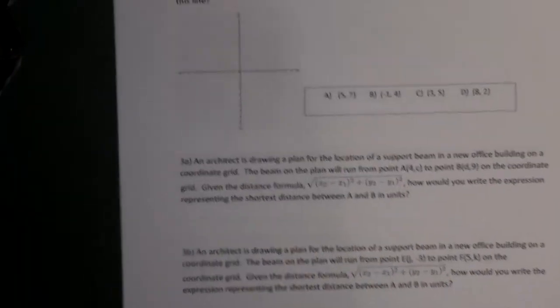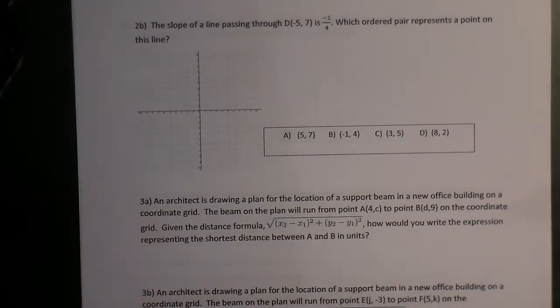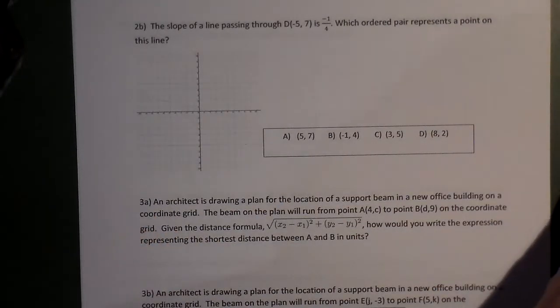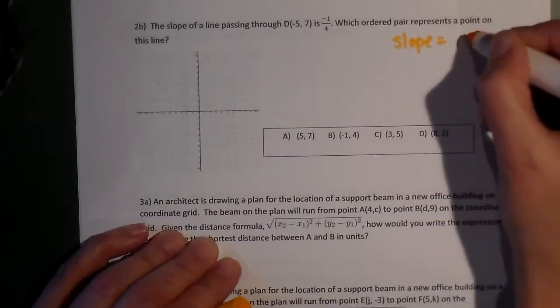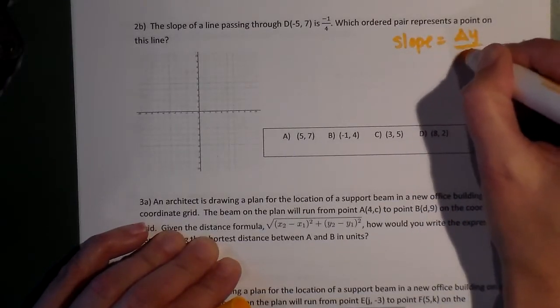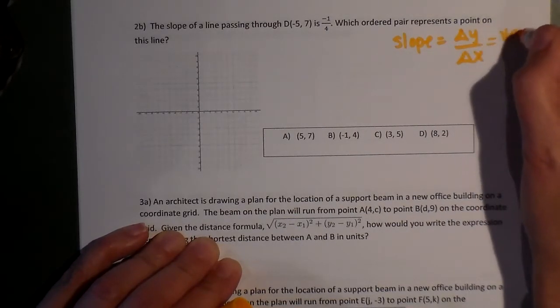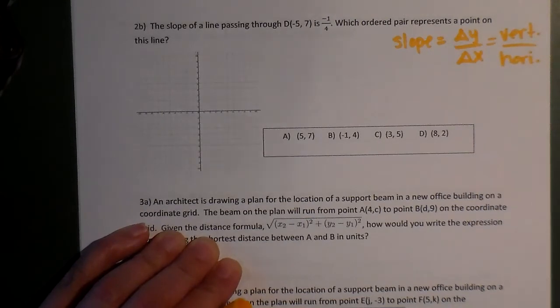So let's do the second example of this one. All right, so I'm going to give you another example. In this particular example, the slope, again, let's rewrite that. Remember, the slope is equal to the change in y over the change in x. That's what that little triangle means, which means the vertical up and down change over the horizontal change.